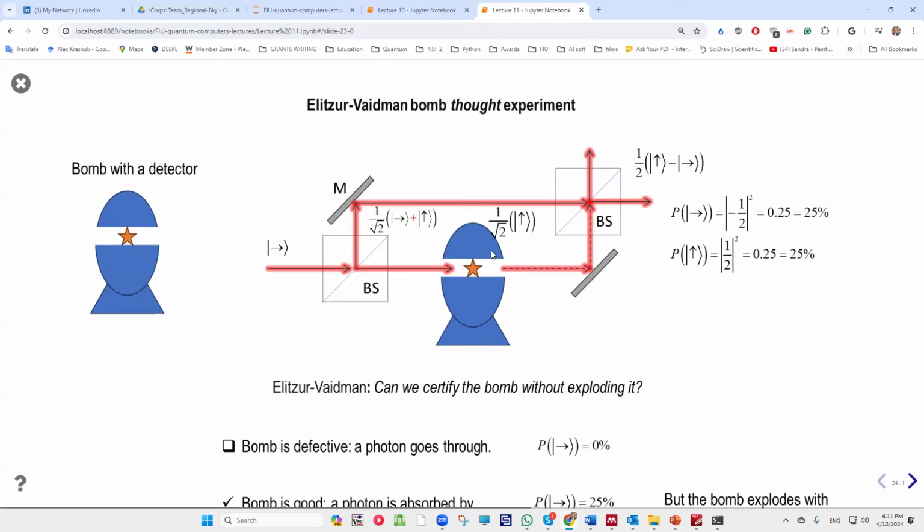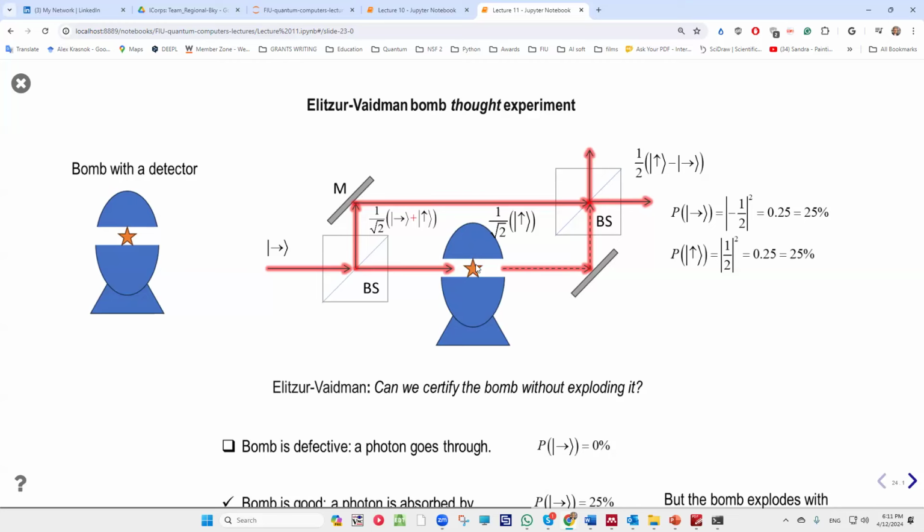If I consider a bomb like this, put in this Mach-Zehnder interferometer, then for the perfect case, for the defective bomb, one single photon goes this way, vertically, and then bounces off from the mirror.